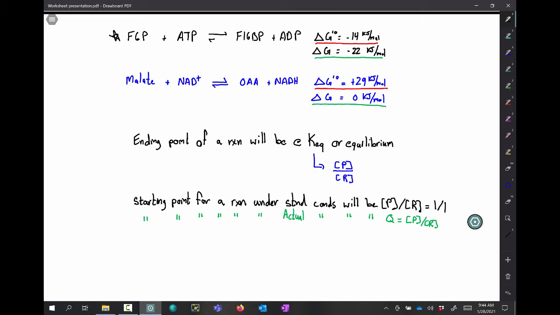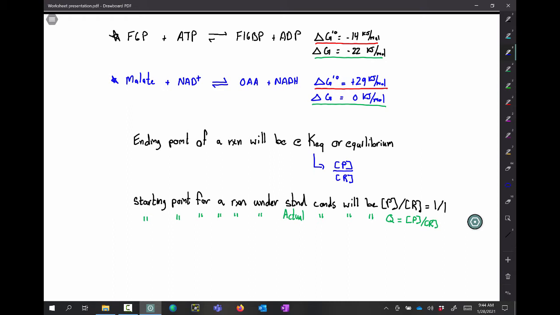And we could say the same thing for the bottom reaction, where the starting point under actual conditions would be the conditions found in the mitochondria, because the citric acid cycle takes place in the matrix of the mitochondria. So we want to know the concentration of malate, NAD+, OAA (oxaloacetate), and NADH found in the mitochondria, and then we could calculate our Q value. And our Q value would be our starting point.